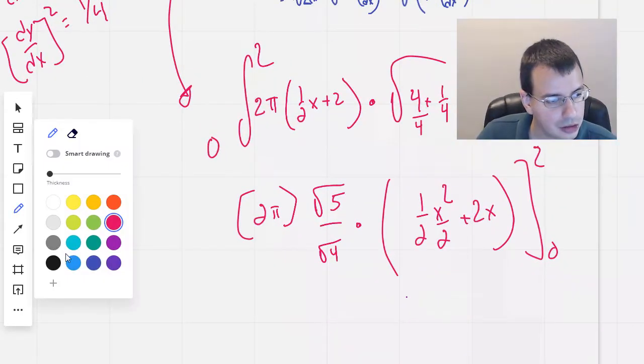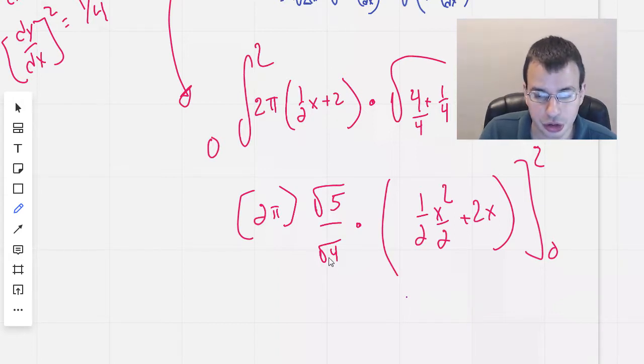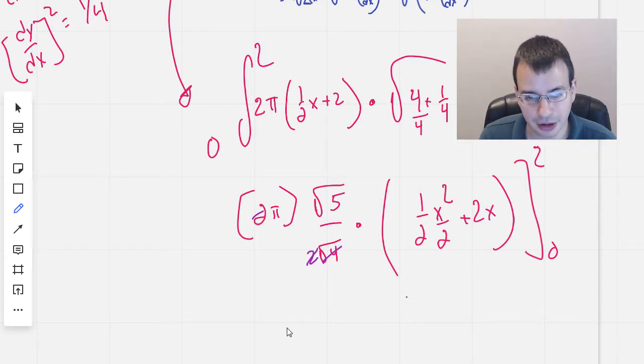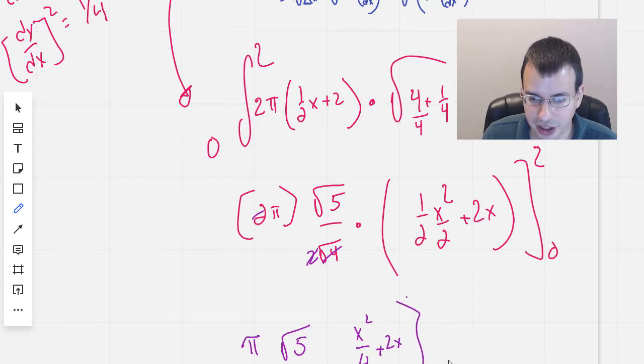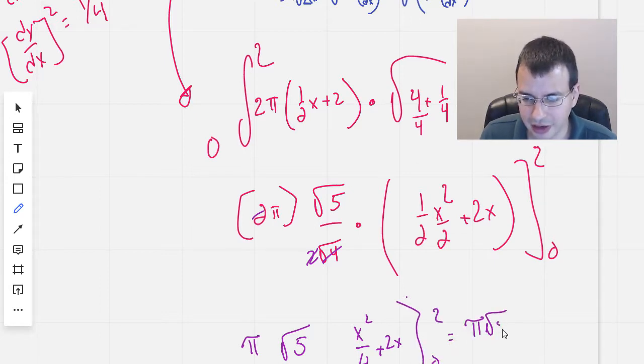Okay? Change colors. Purple. So this is 2, which will cancel with that 2 up there. So we have square root of 5. We have a pi. We have x squared over 4 plus 2x evaluated from 0 to 2. So we'll keep our pi square root of 5.